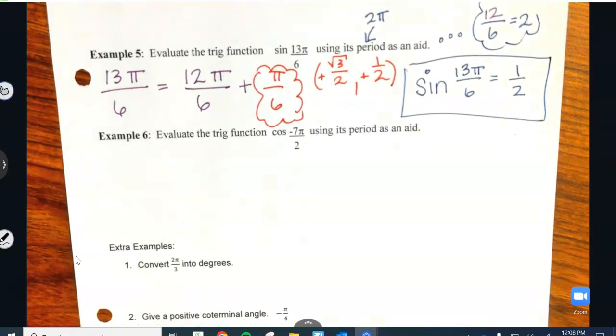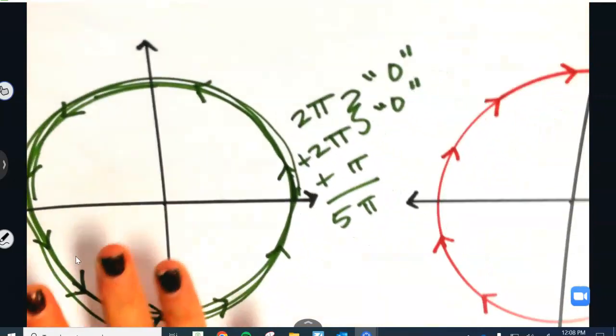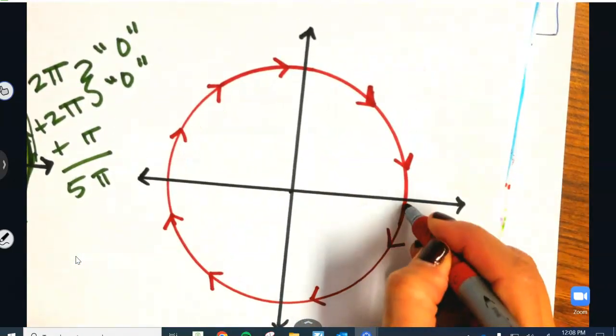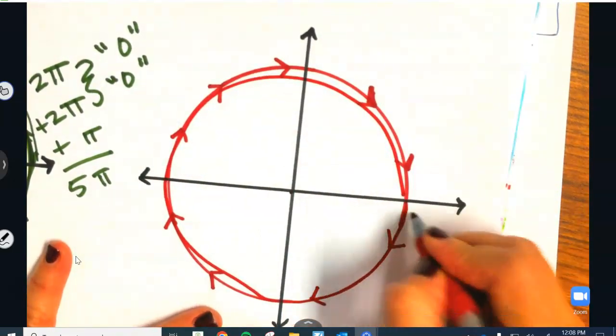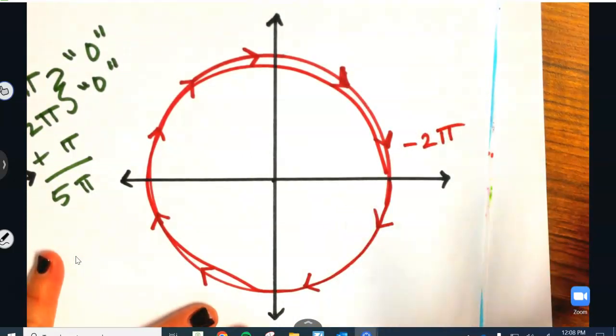All right, let's talk about this negative value. I don't know if you noticed or not, let me go back to here. I had two circles, so I had one going counterclockwise where it's positive. If I go down and go right back to where I started, that's negative 2 pi.